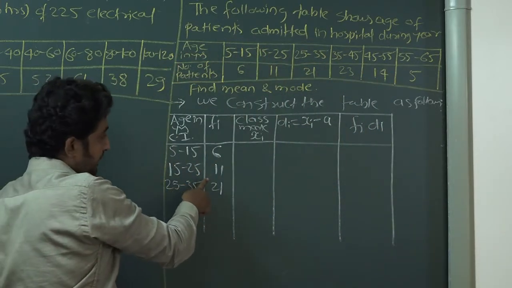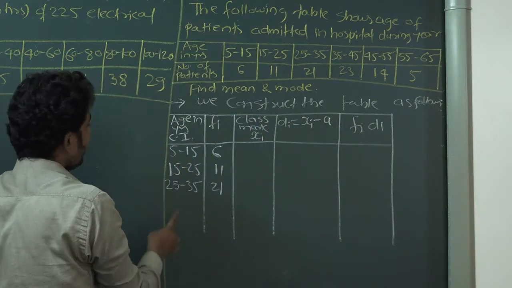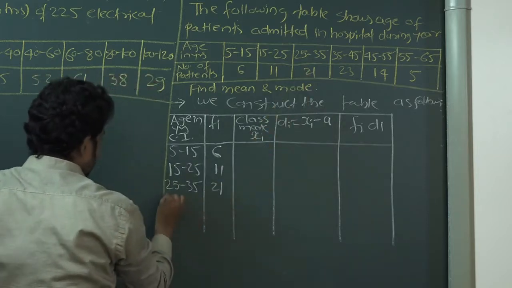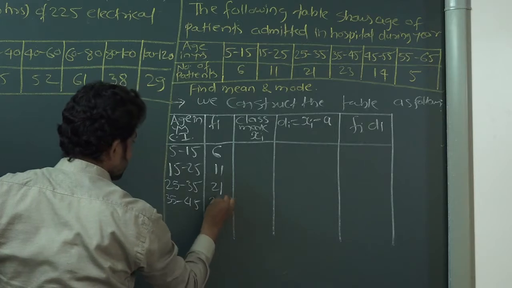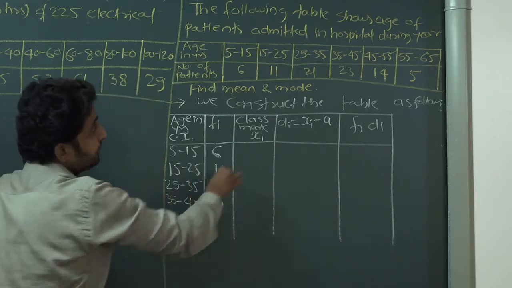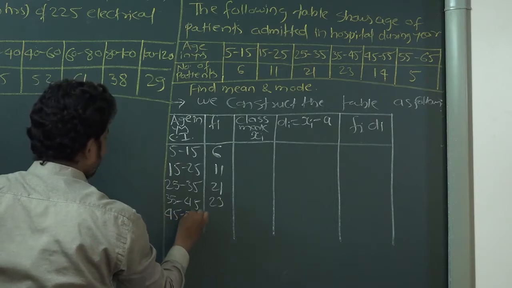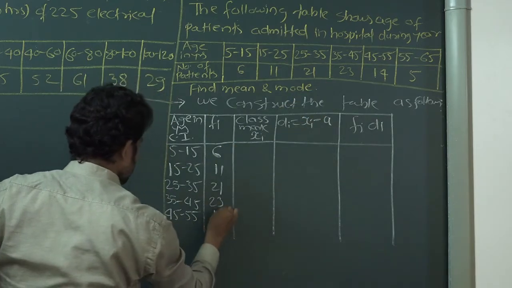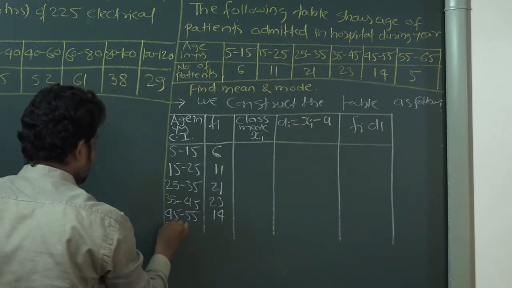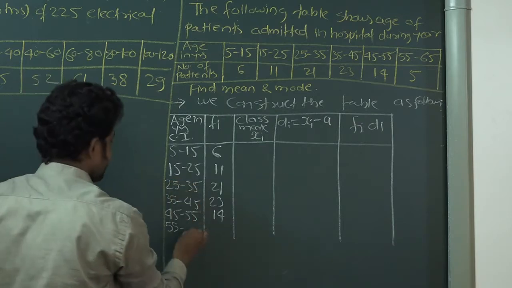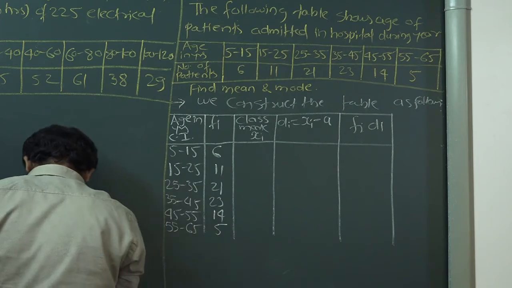One wrong value will spoil all the calculations, so we have to be very careful. 35 to 45, frequency is 23. 45 to 55, frequency is 14. Very good. And next 55 to 65, and frequency is 5.